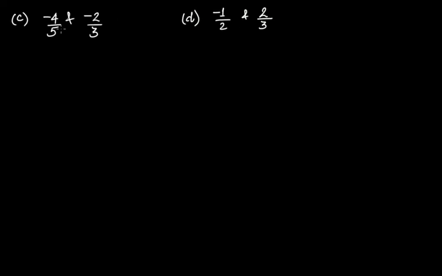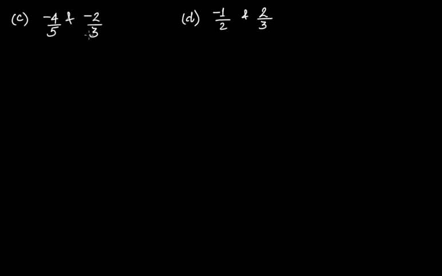Same thing here. In this case, you have -4 over 5 and -2 over 3. Whenever you are dealing with such situations where you have two rational numbers, but they don't have the same denominator, first you convert these two rational numbers into rational numbers such that they have the same denominator.